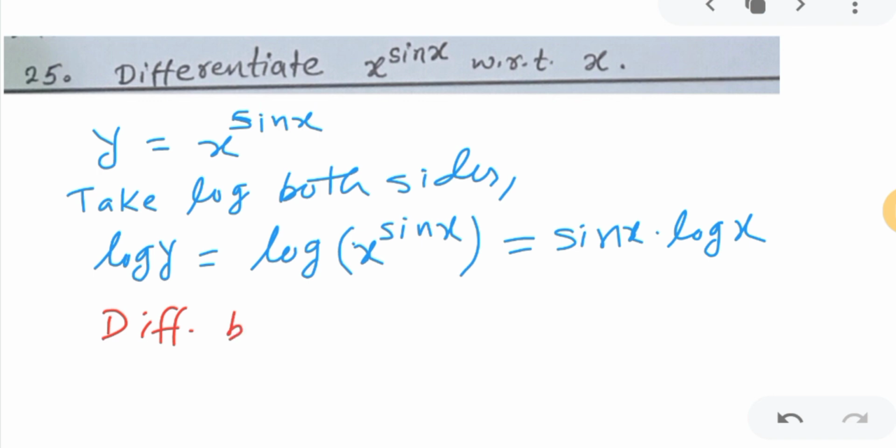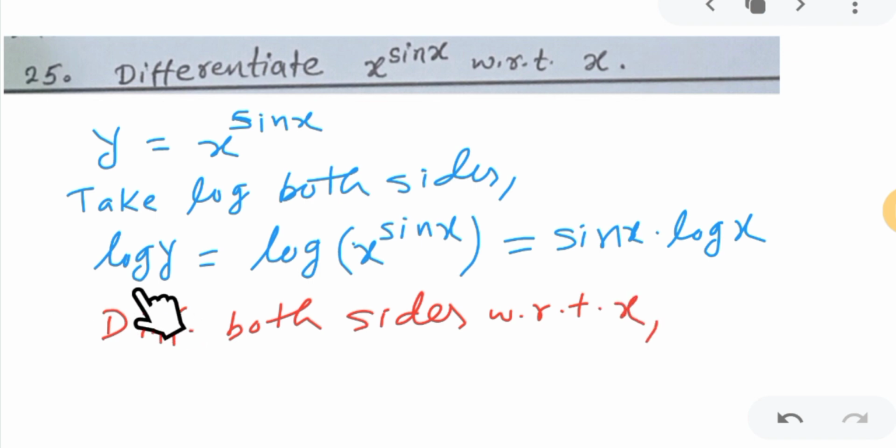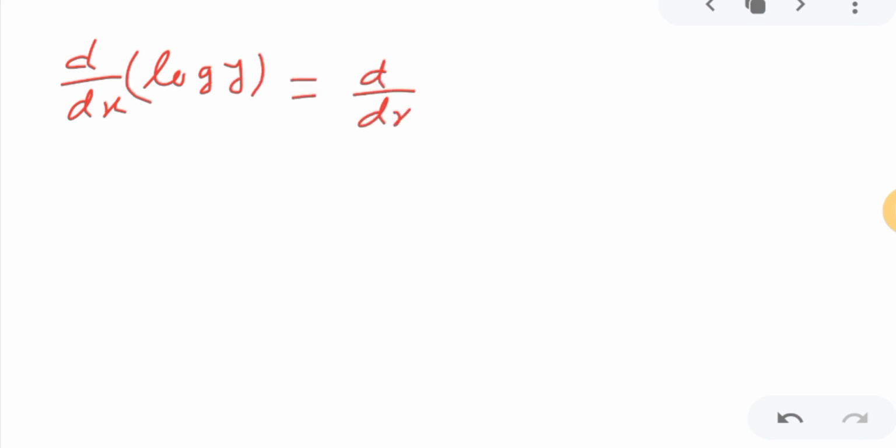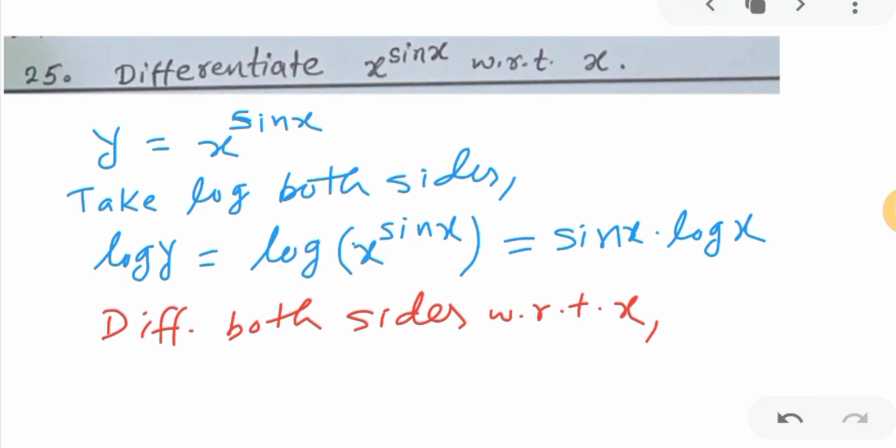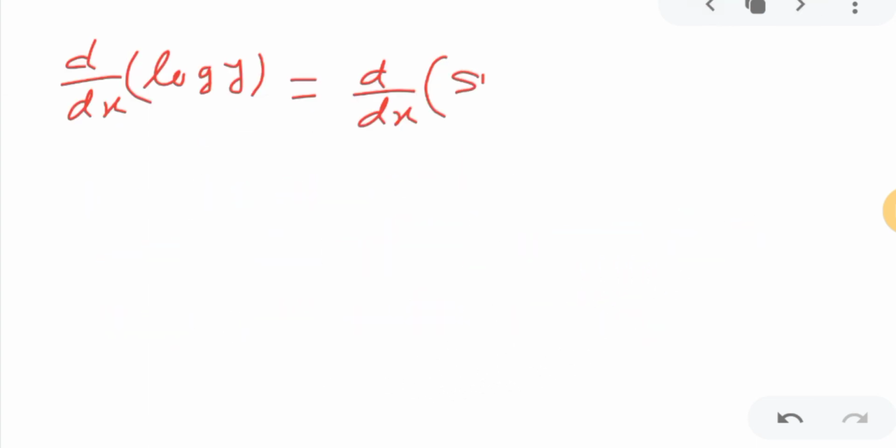If you differentiate, the left side is d upon dx of log y, and the right side is the derivative of sin x into log x.